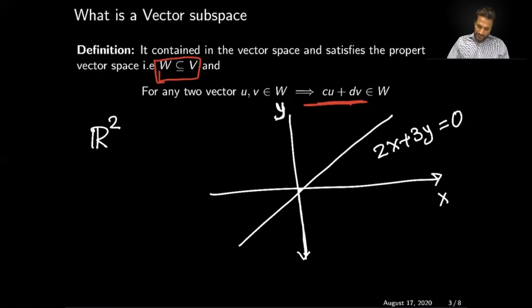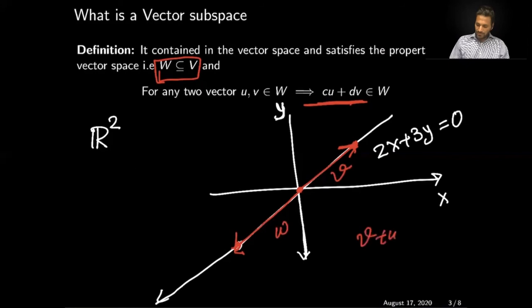We can see that if I take two vectors, then in order to take a vector in that line, I will take the head of the vector on the line. If I take another vector here, suppose this is v and this is w, then the head of v plus w is always going to stay on this line.